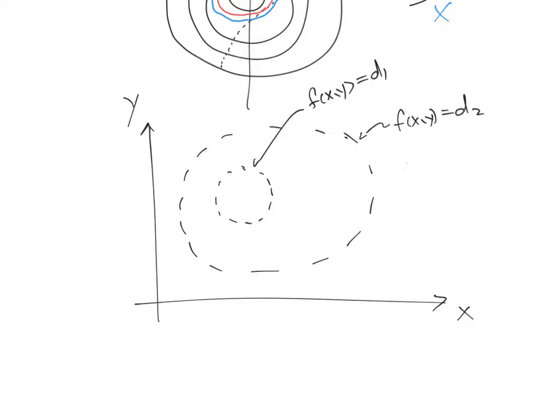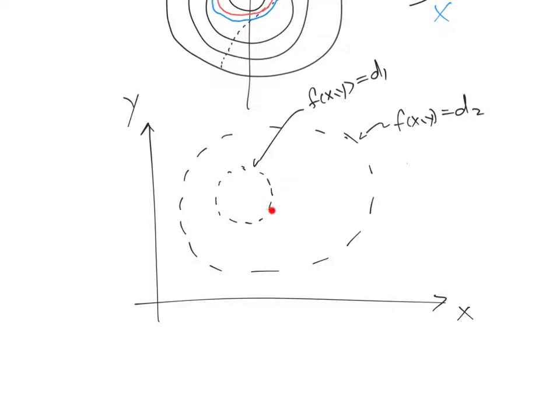And what do we know about the gradient vector of f on any of these level curves? Which way does it point? Inward, or maybe outward, depending on whether we're going up or down. But it's not pointing like this, right? That would be the tangent vector to that level curve.